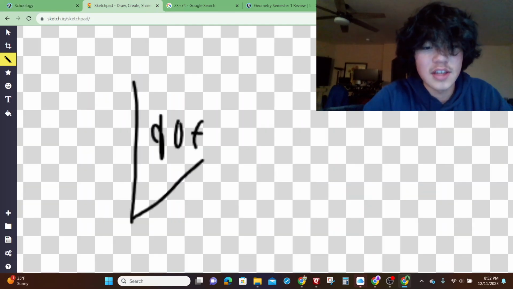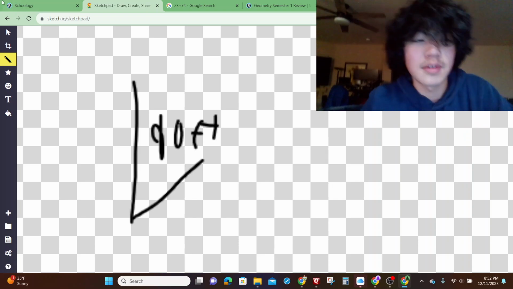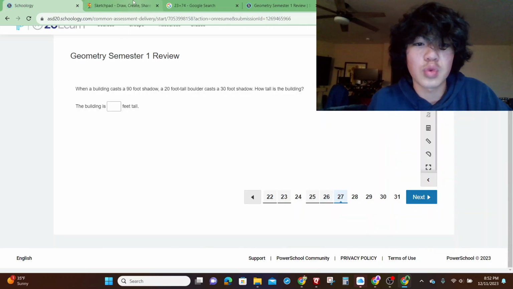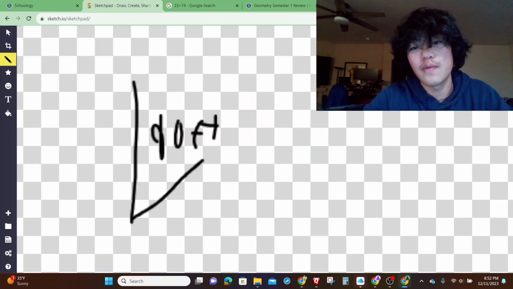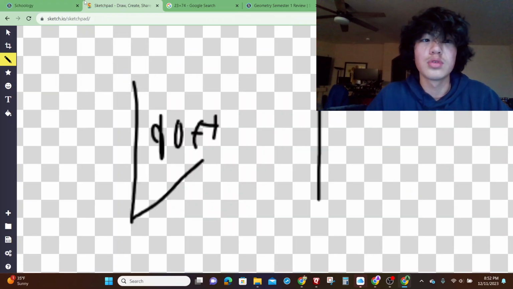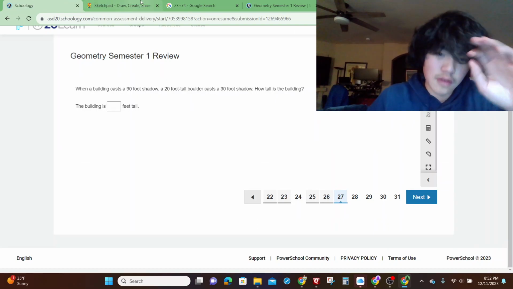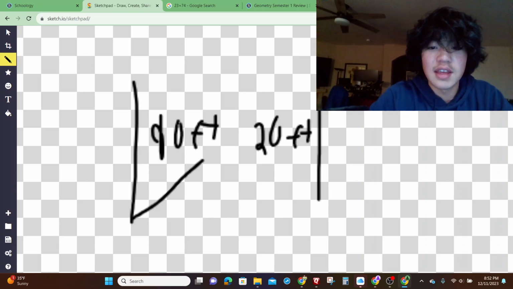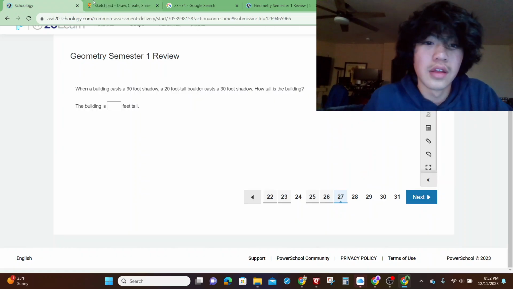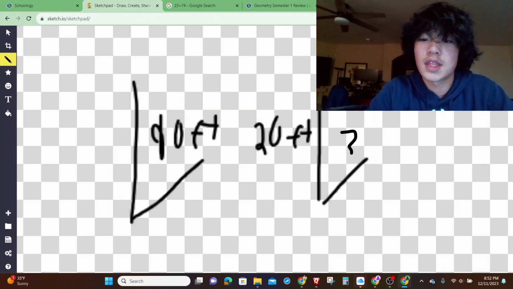So this shadow right here is 90 feet. Then there's a 20-foot boulder which casts a 30-foot shadow. So here's our boulder. The boulder is 20 feet tall, and then it casts a 30-foot shadow.